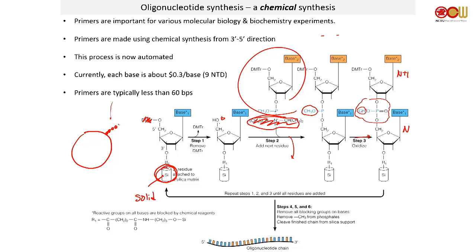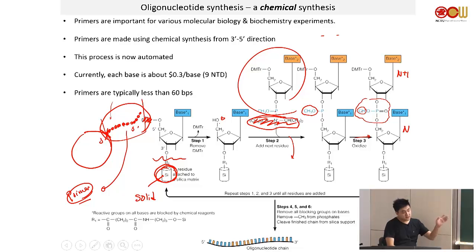You do it again, the fourth base, the fifth base, the sixth base, seventh base, eighth base. So you're adding the DNA from the 3' end to the 5' end. And then when it's done adding, let's say you want to make a primer that's 20 base pairs. When it's done, it's going to cut off this bond, and then you can elute this out, and that is your primer.